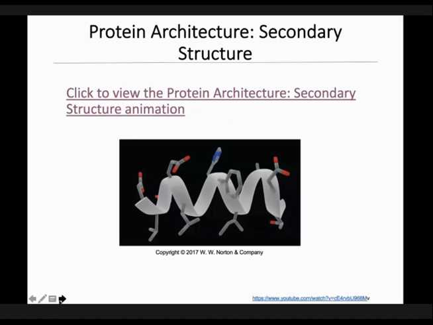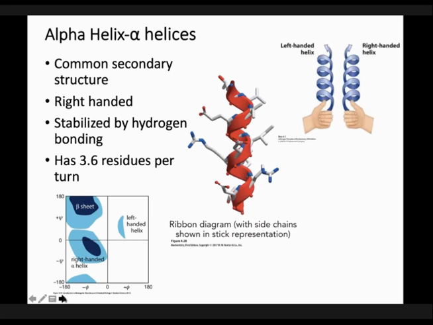I'm going to put a video, but first, this is the alpha helix. As I mentioned, the primary structure of the proteins is the sequence of amino acids. The secondary structure, as you can see here, is, for example, the helix.